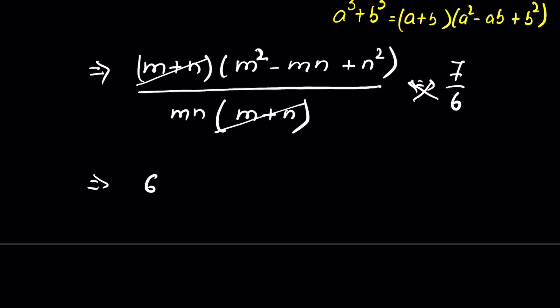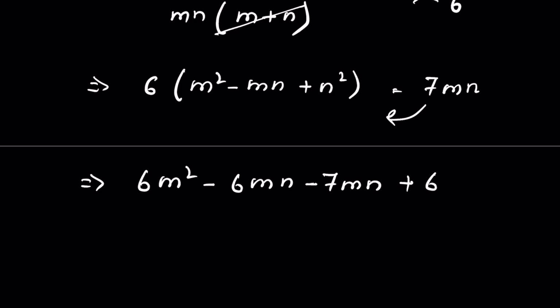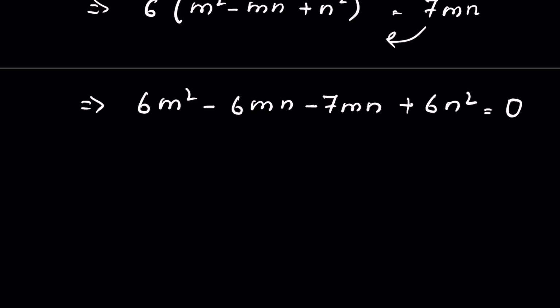So it is 6 times m square minus mn plus n square is equal to 7 times mn, or this is 6m square minus 6mn. We send 7mn to the left hand side, it will be minus 7mn plus 6n square is equal to 0. Now let's divide both the sides by n square.